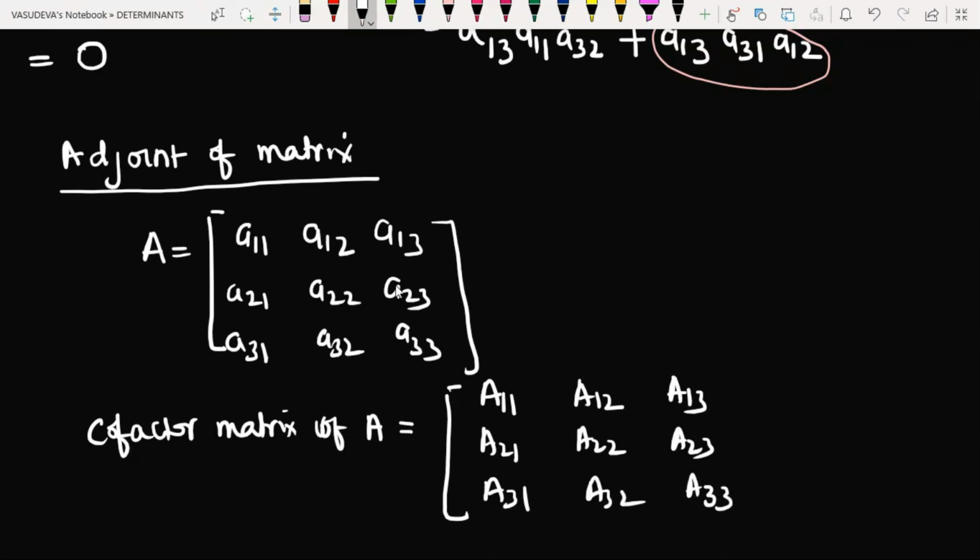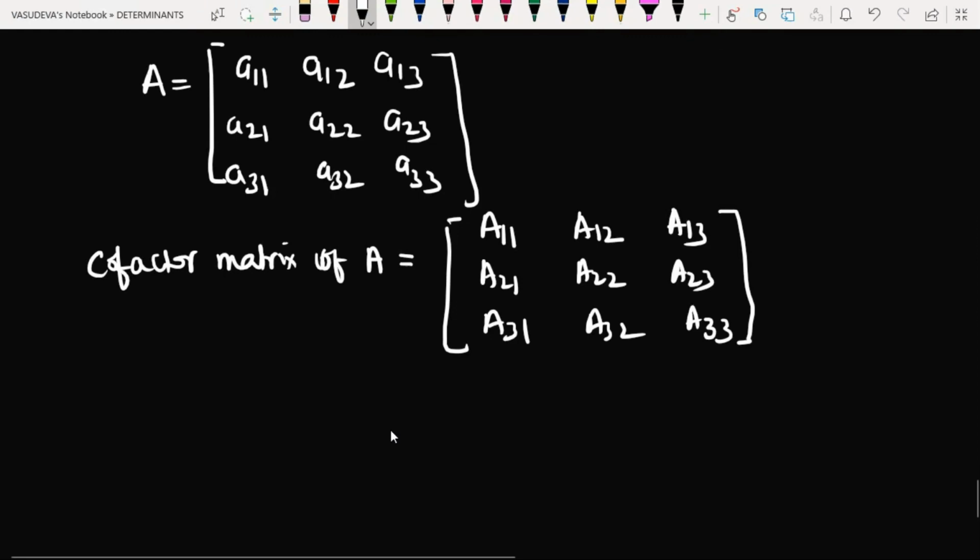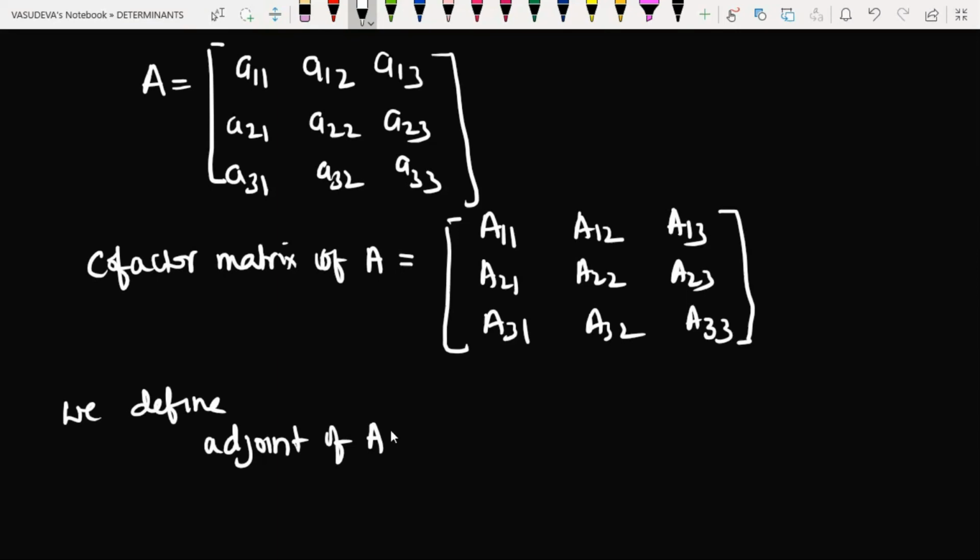If the elements are replaced by their cofactors, it is called the cofactor matrix. Then we define the adjoint of the matrix A, denoted by adj A. The adjoint of A is the transpose of the cofactor matrix.